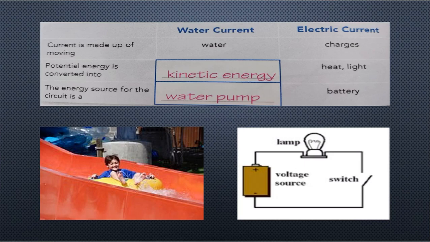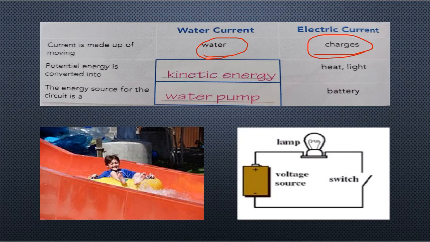At the revision on our lesson, here we are comparing between the electric current and the water current on a slide. Current is made up of moving what? In the water current, for sure it is the water that's moving on the slide, but the electric current is made of charges.